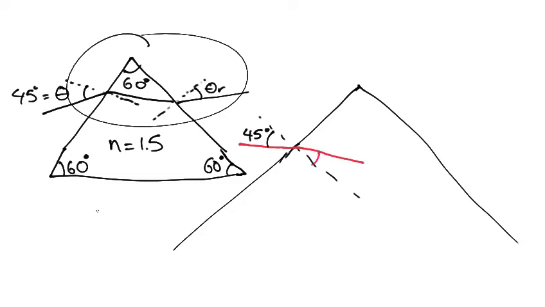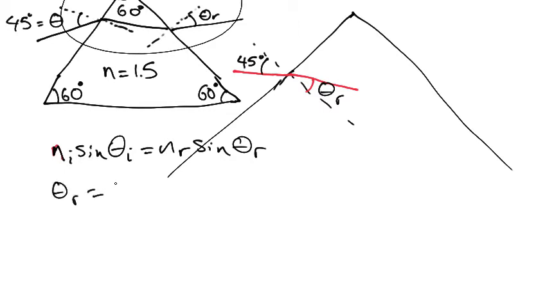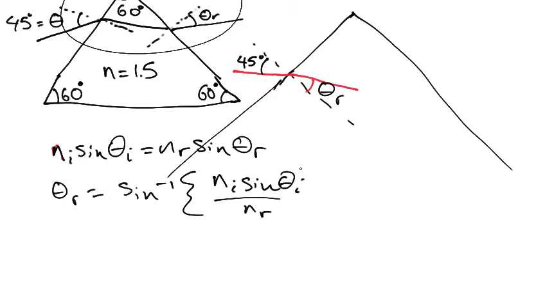Well, in order to calculate that, we need to do a little bit of Snell's law. So, Ni sine theta I equals Nr sine theta R. And since we're looking for theta R here, theta R is going to be equal to inverse sine of Ni sine theta I all over Nr.